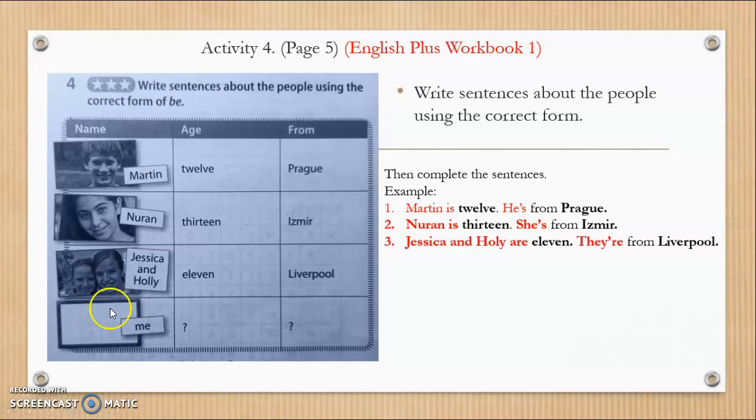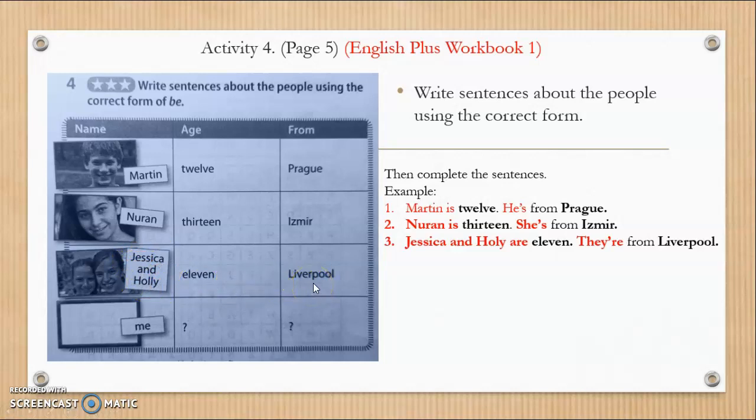For example, Martin, age 12, from Prague. Prague is another state. We have to learn that in unit 1. We learn about other countries in unit 1. Then we have Noran, 13, Izmir. Jessica and Holly, 11, Liverpool.